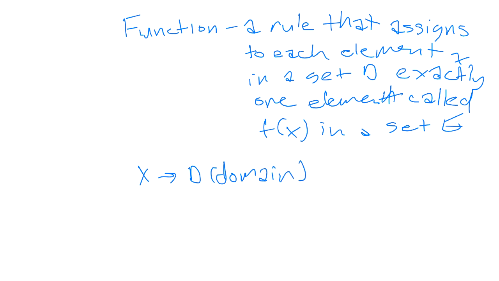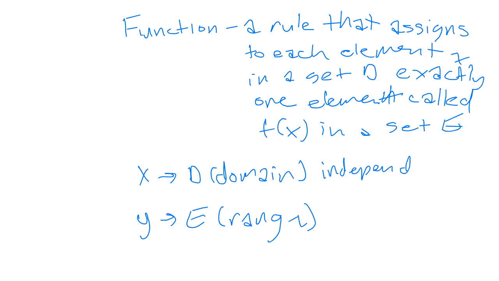And then our y is part of set E, which is also called the range. So that's a quick review. We also know that our domain is our independent variable, and our y is our dependent variable.